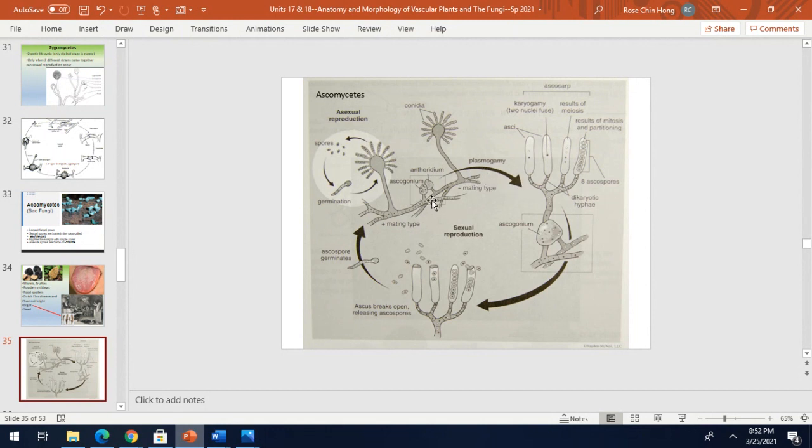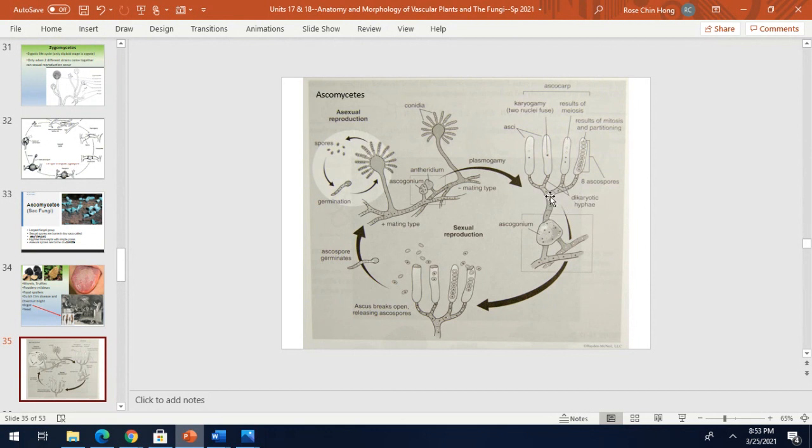From here, you have these two hyphae that get together in plasmogamy, and in the process you will have the two different strains. All right, so that's called karyogamy. Okay, so here you see it will give rise to this hyphae, which is dikaryotic.